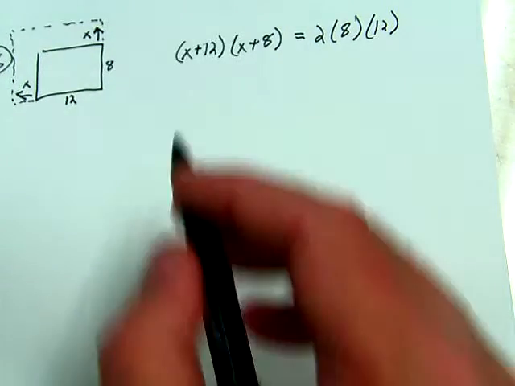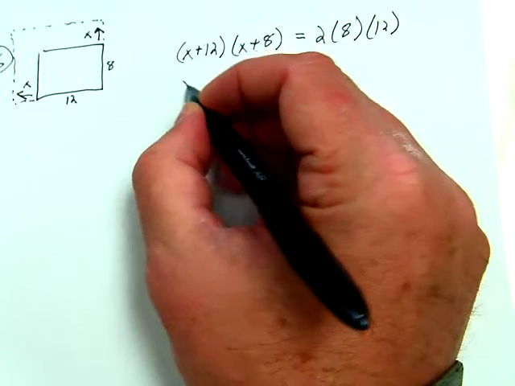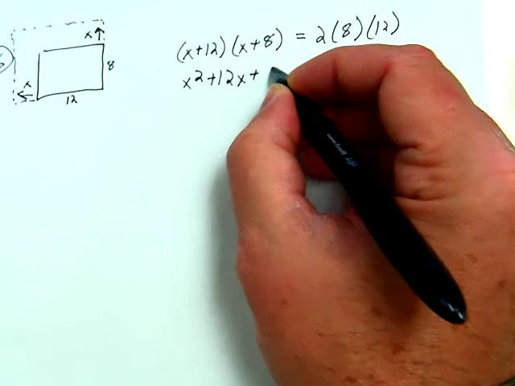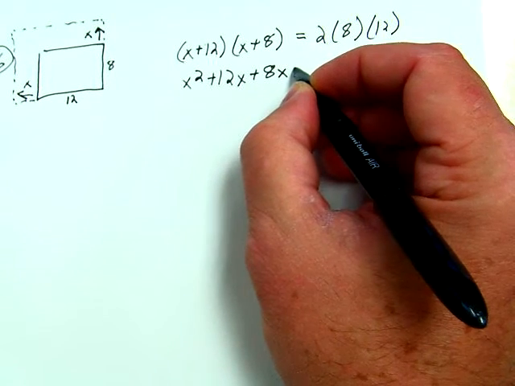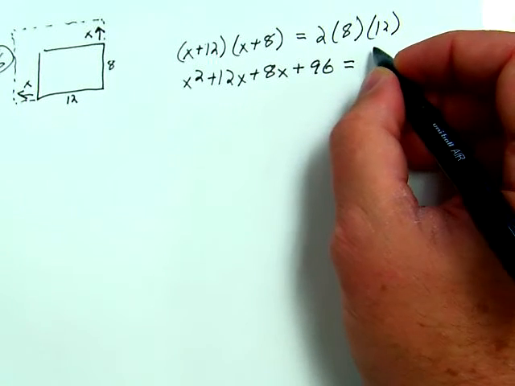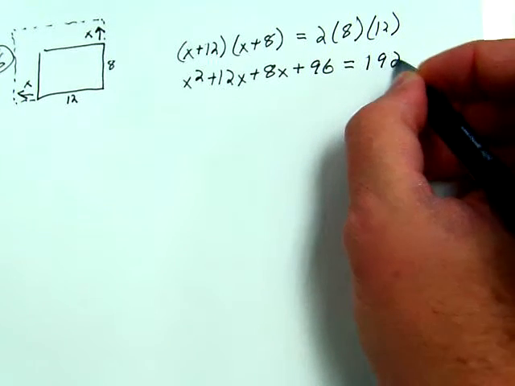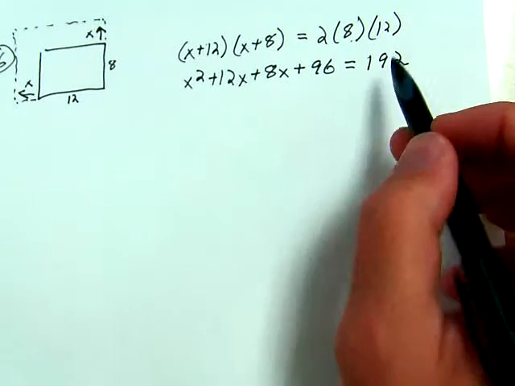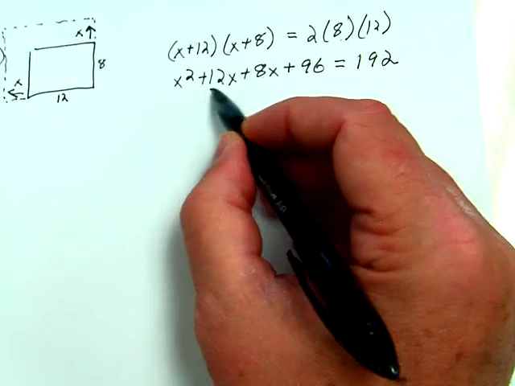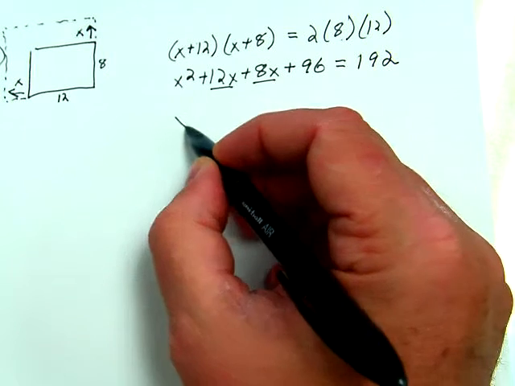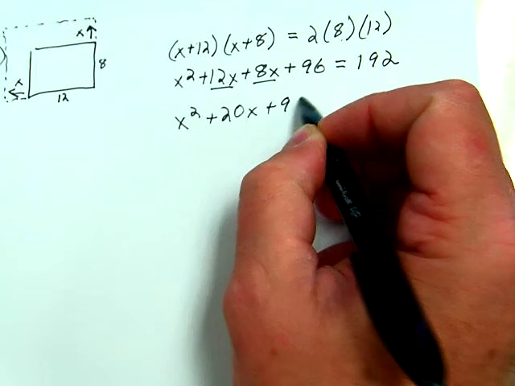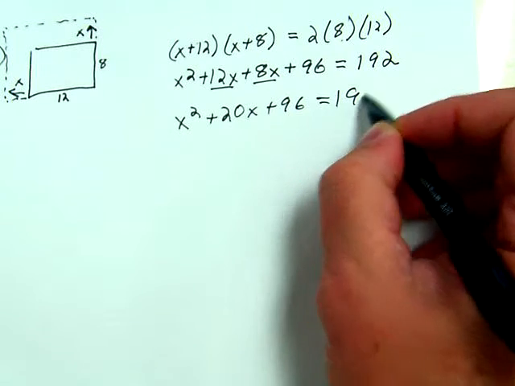So doing so, I'm going to multiply it out. I get x squared plus 12x plus 8x plus 96 is equal to 192. 2 times 8 times 12 is 192. And now I notice that I have like terms, so I'm going to go x squared plus 20x plus 96 equals 192.